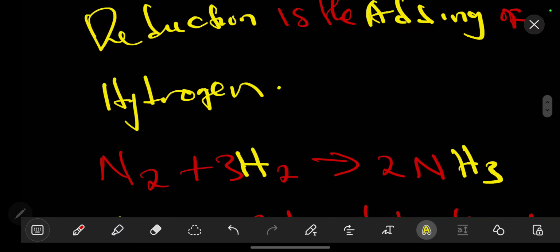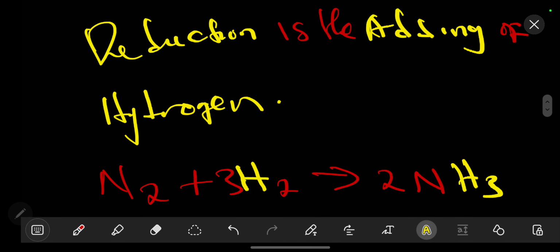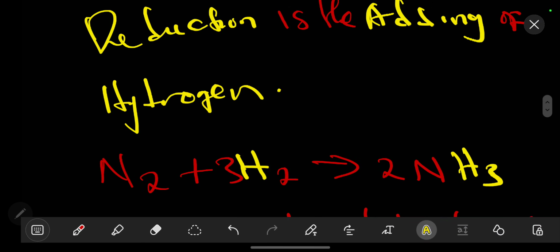Let's take this example. We have nitrogen reacting with hydrogen to produce ammonia. This one is reduction in the sense that hydrogen has been added to nitrogen. So reduction is the addition of hydrogen.